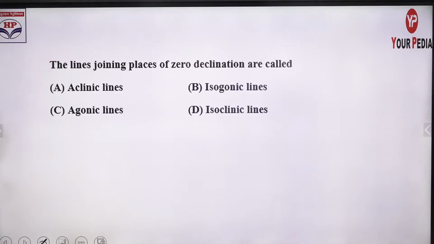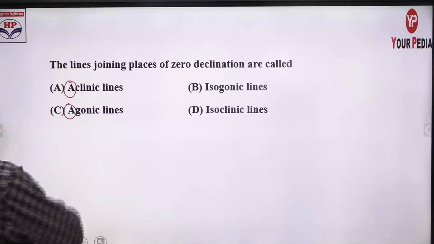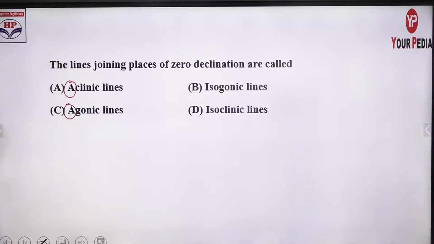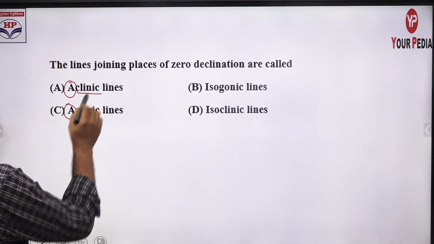Okay. So next question, the line joining the places of zero declination. Yes, let me know what would be the answer. I'm just waiting for your answer. So how to remember, guys, and how I remember: whenever the letter A is attached to anything, this is agonic.